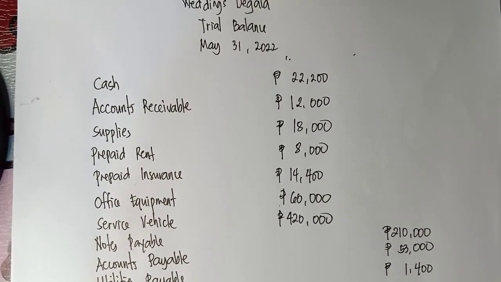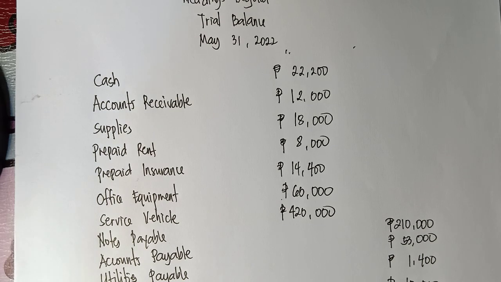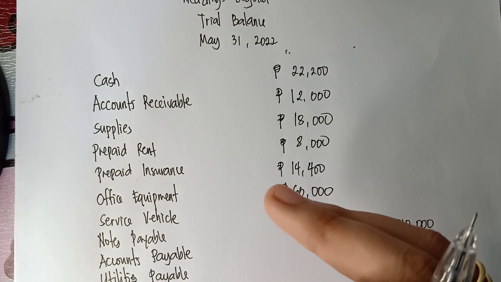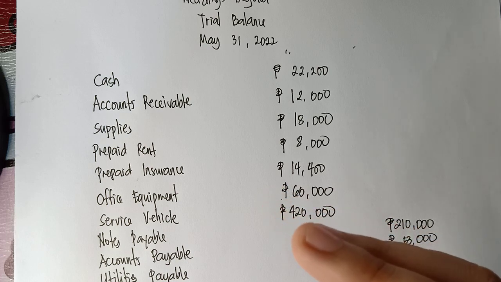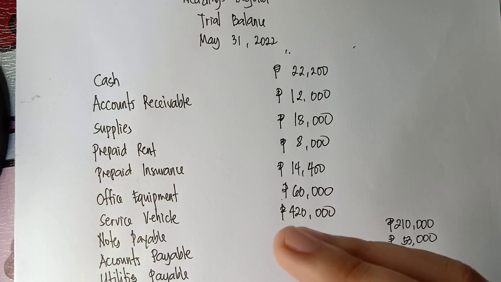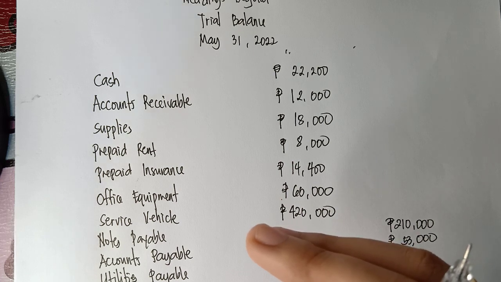So now what we are going to do is check whether the debit and credit balances are equal, because if the trial balance is equal, then our analysis of the transactions is correct.